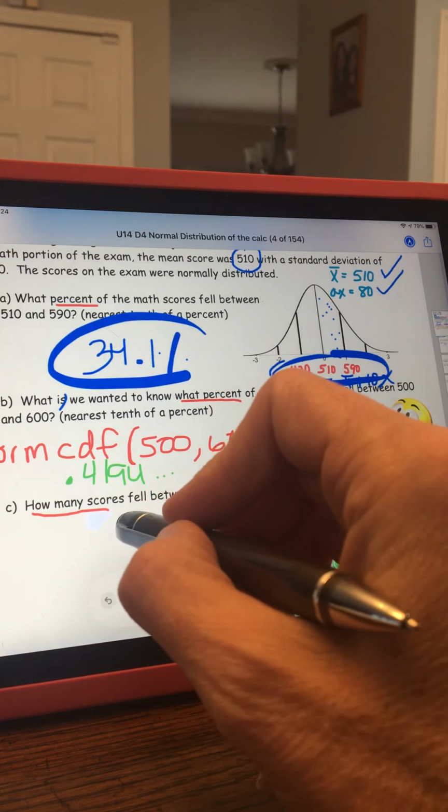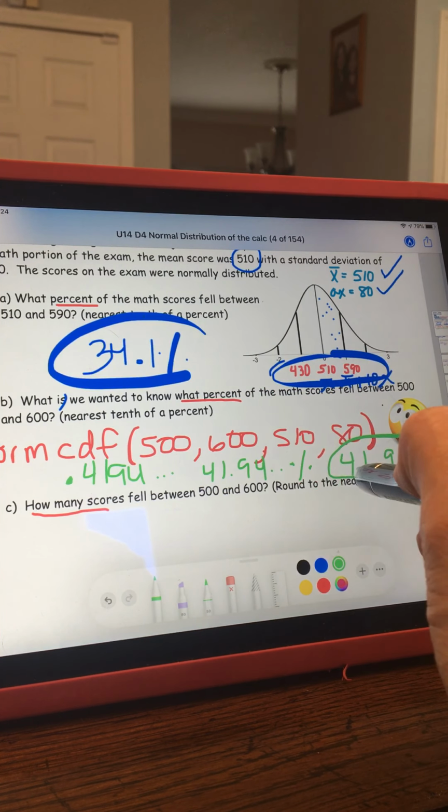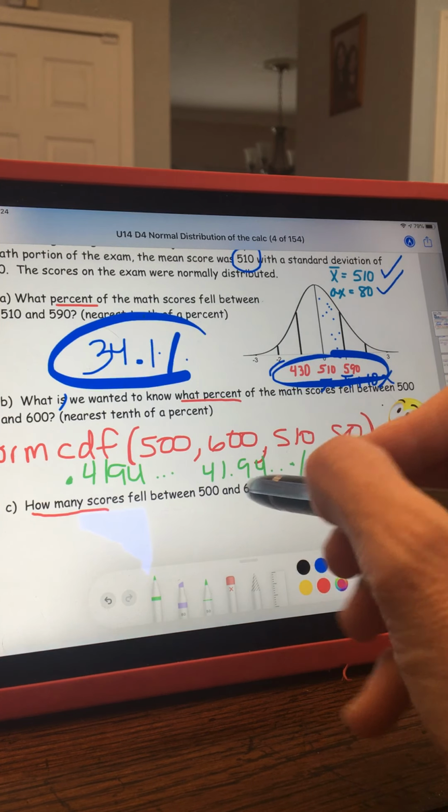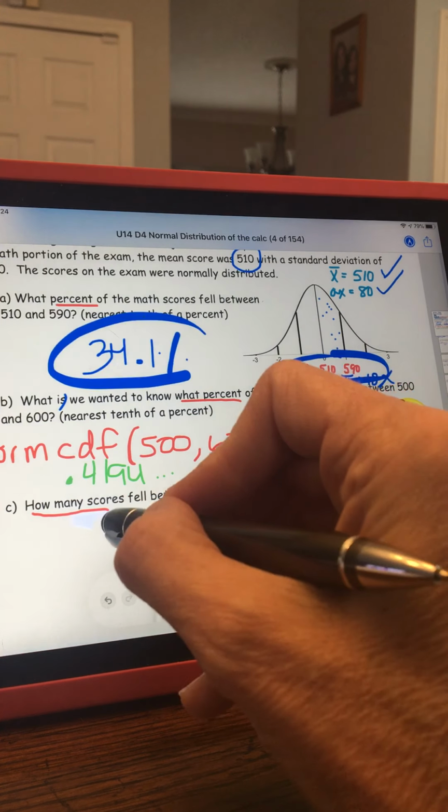Okay, now it says how many scores fell between 500 and 600. Well, we just found out that it was 41.9%, right? So 41.9% of how many kids? Well, if we go back up to the tippy top, 424 kids took it, right? So we'll take our answer from above. Usually they say take your answer from above.